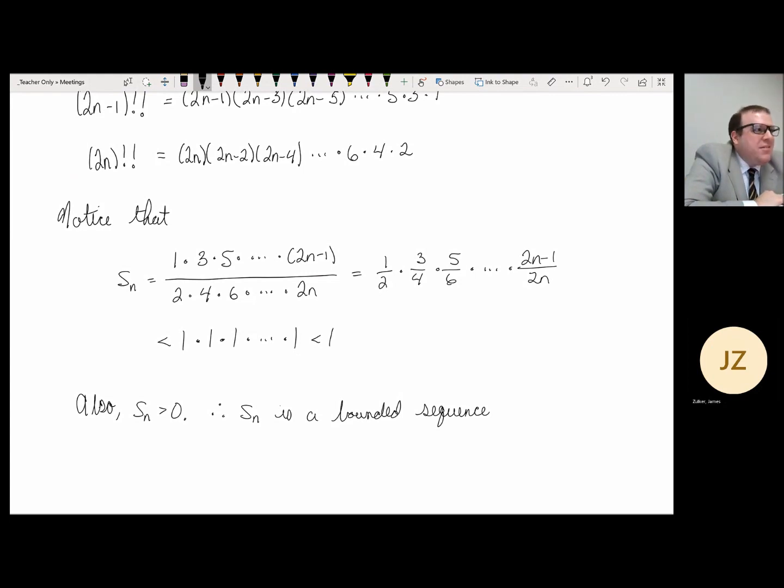Hence, S sub n is a bounded sequence. It's bounded both above and below. Now we just have to verify that it is monotonic.